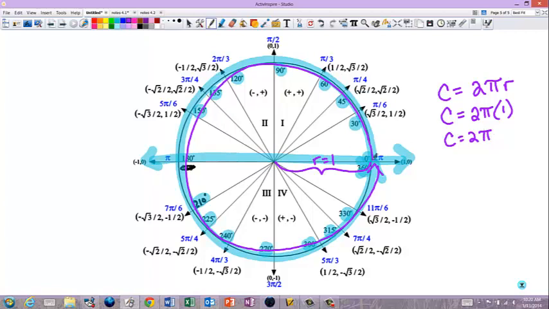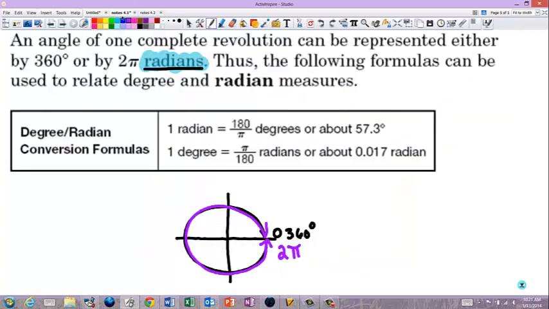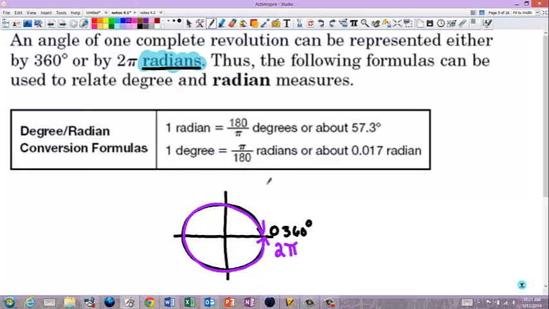The radian is actually the distance along the outside, as well as the angle. So if that's 2 pi, halfway would be 180, or pi. Halfway to pi would be 90, or pi over 2.